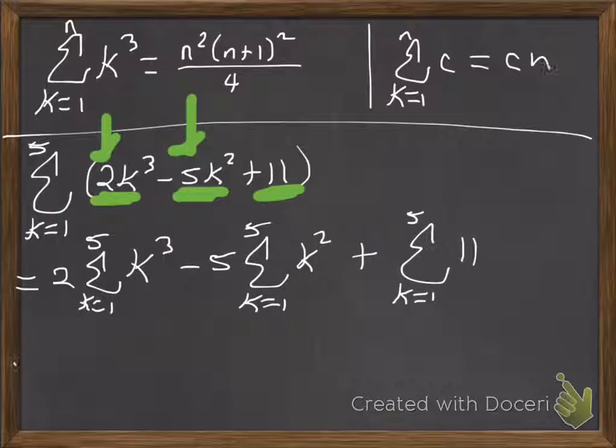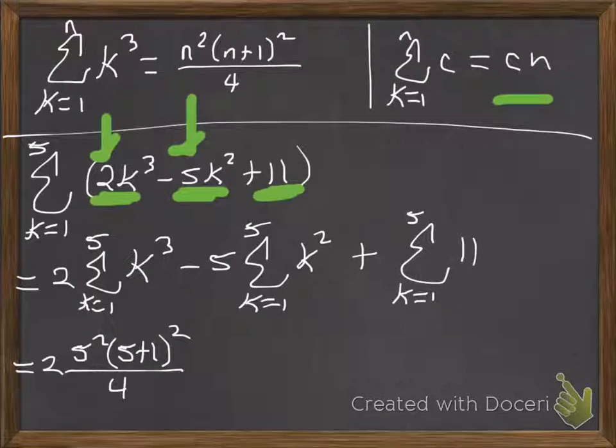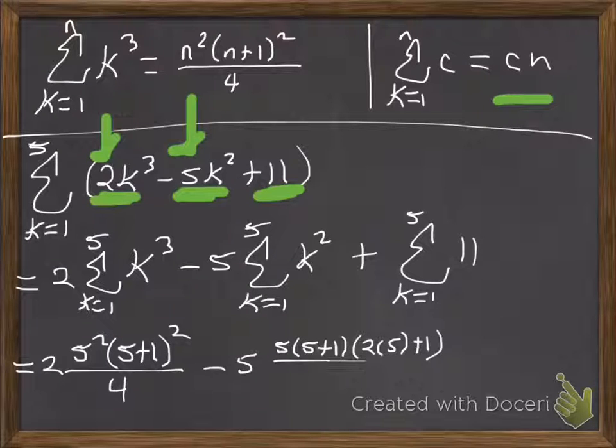Alright, so we have that formula up here, so let's apply it. We have 2 times 5 squared times 5 plus 1 squared divided by 4, minus 5 times 5 times 5 plus 1 times 2 times 5 plus 1, all over 6.